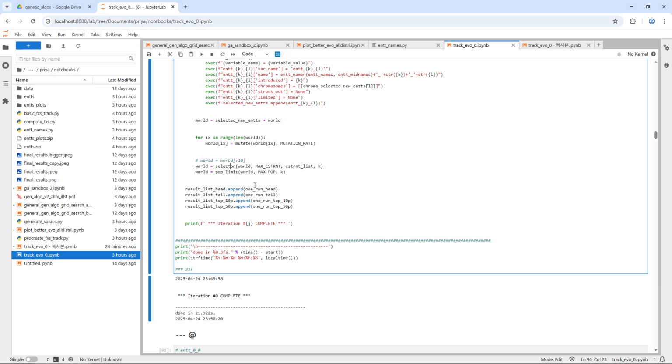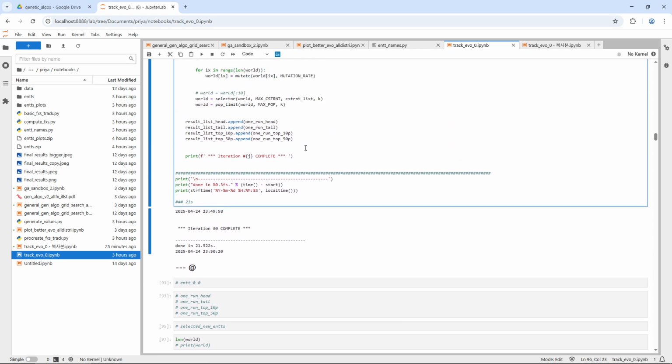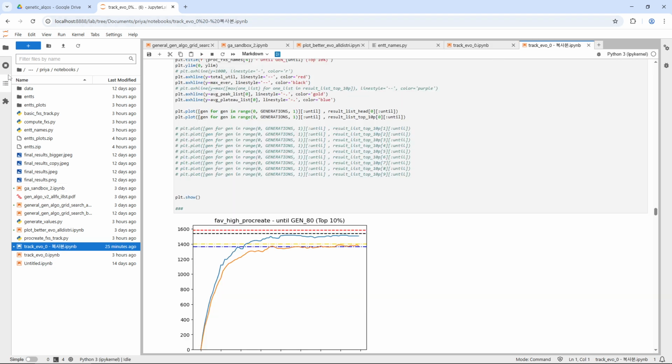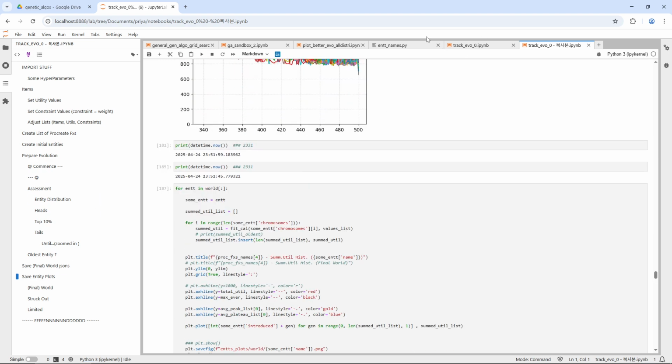Of course, the entities themselves, the variables, still remain within the Python kernel or runtime, but I put it so that they get saved.